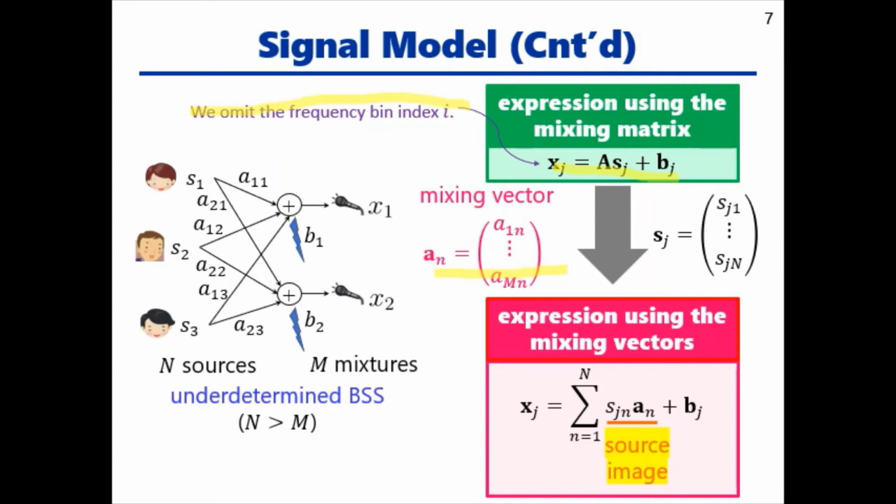Using the mixing vectors, the signal model can be rewritten as shown here. Here, each term in the summation is the contribution of a source signal to the mixtures and called a source image.